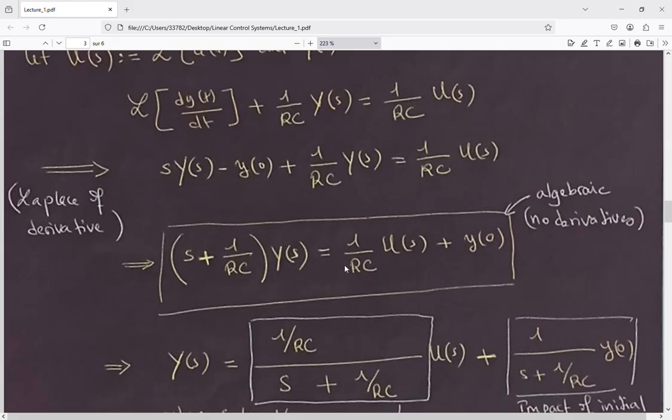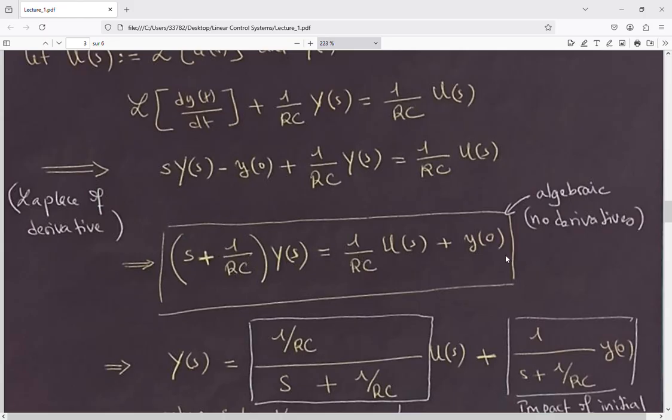And here is the key: you see that I don't have any more derivatives. Here, I just have algebraic equations. I just have my signals that are multiplied by some polynomials, here a polynomial of S, and here you have a constant, and here another constant.